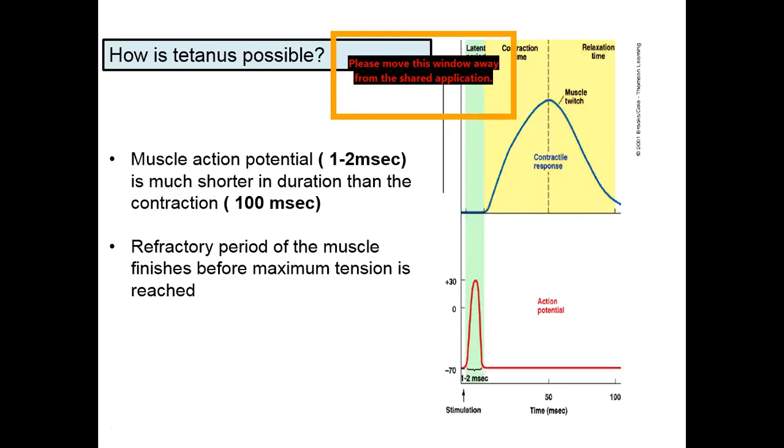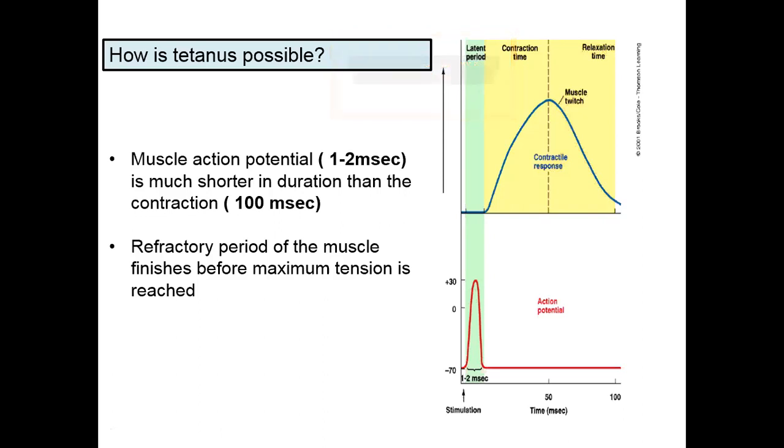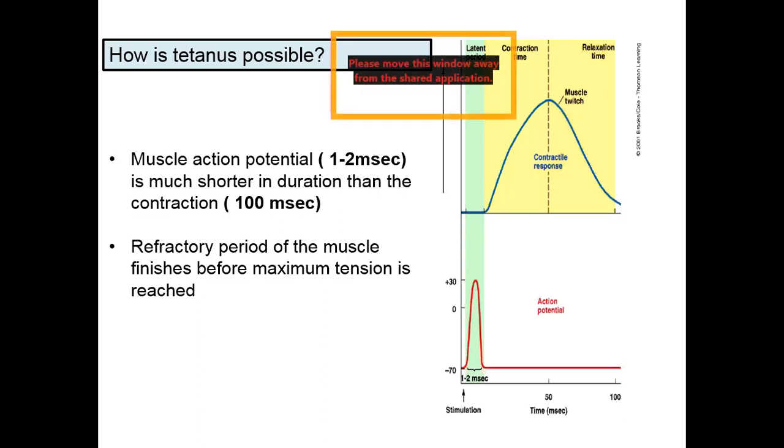So the muscle action potential is shorter in duration and falls during the latent period, and the refractory period of the muscle finishes before the maximum tension is reached. This makes tetanus possible in skeletal muscle, because the action potential is shorter in duration than the contraction.